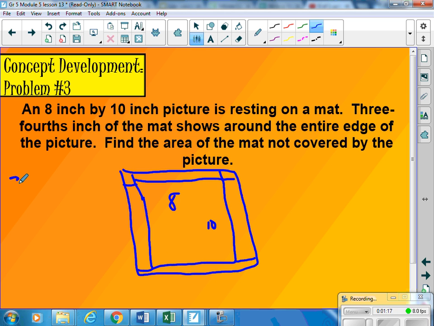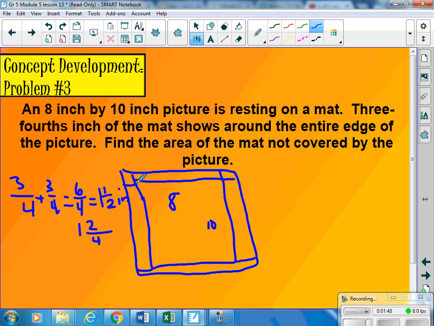So when I add 3/4 plus 3/4, I get 6/4, which means that the frame adds an extra 1 and 1/2 inches, because that would be 1 and 2/4, which is 1 and 1/2.